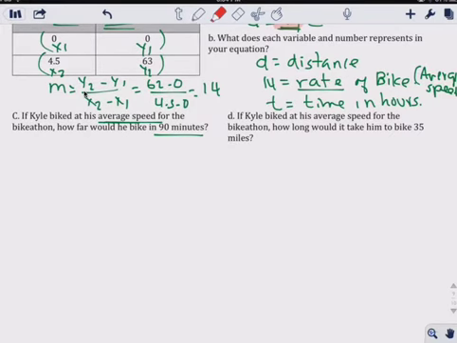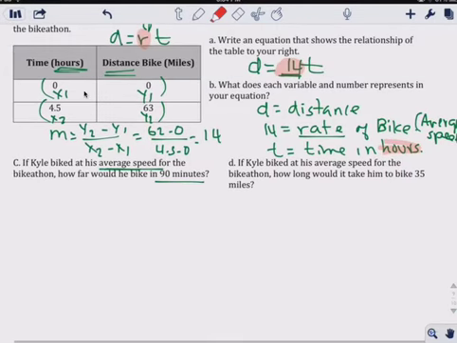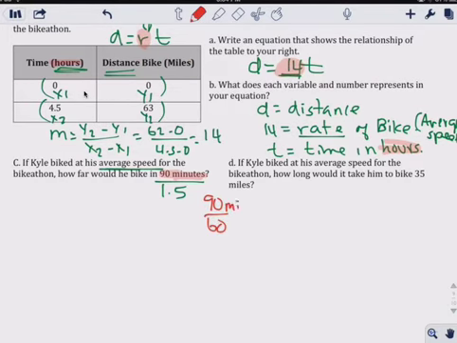Remember, this is time in hours. We can't have it in minutes. 90 minutes is an hour and a half. To prove it, 90 minutes over 60 minutes, which makes an hour, if you divide, you get 1.5 hours.